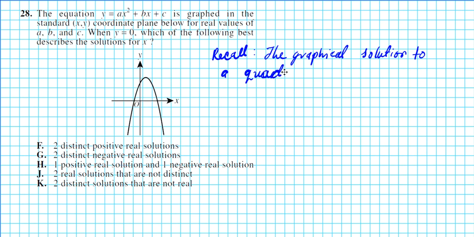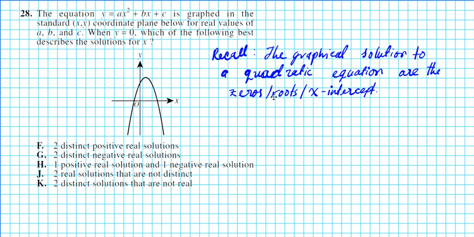The graphical solutions to a quadratic equation are the zeros, the roots, or you could call them the x-intercepts, however way you want to approach it. Okay, they're all talking about the same thing. So that's what the solutions are.